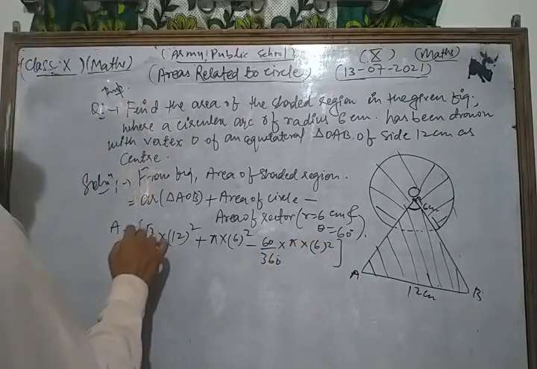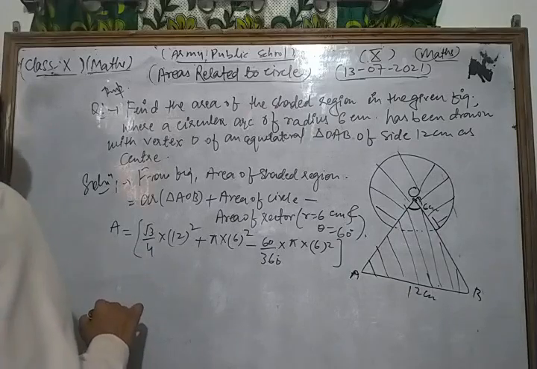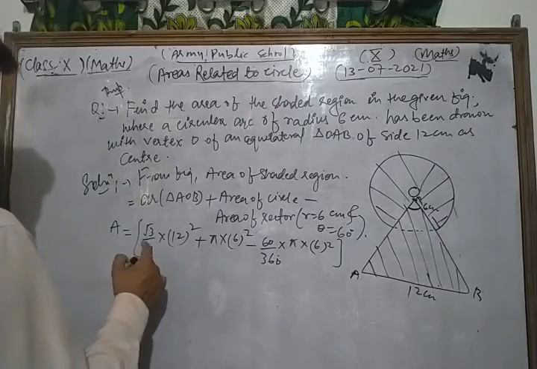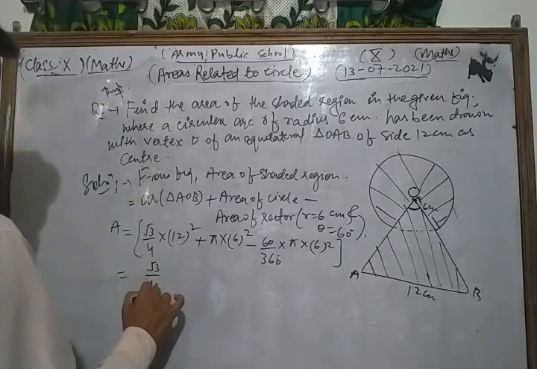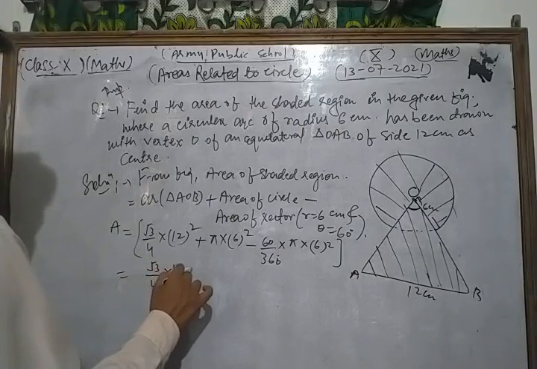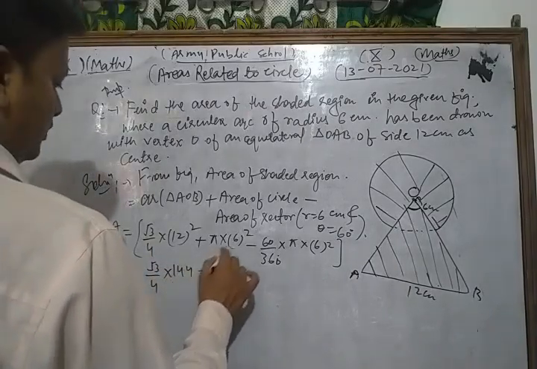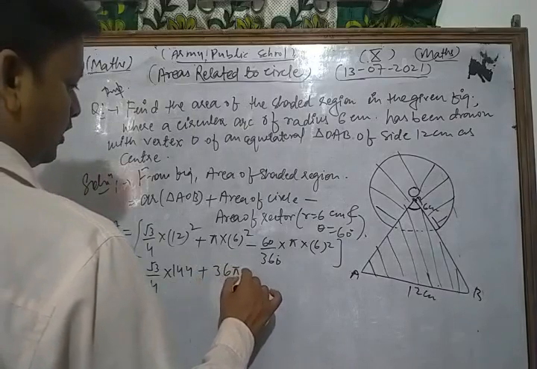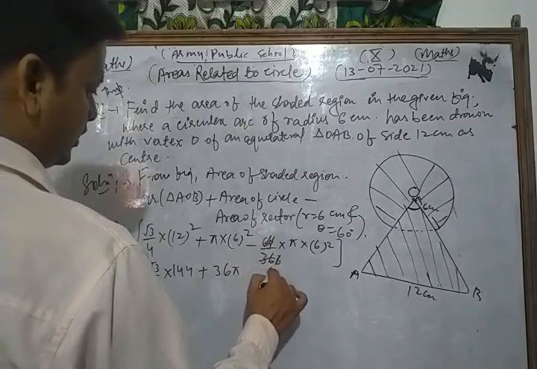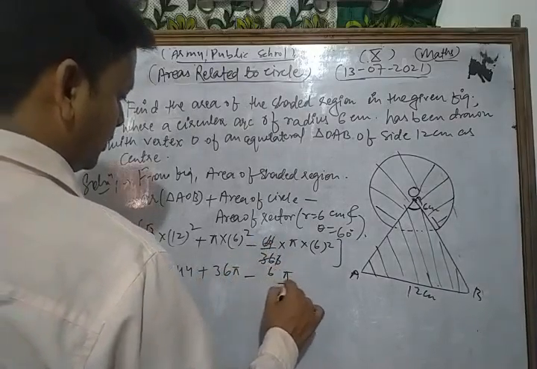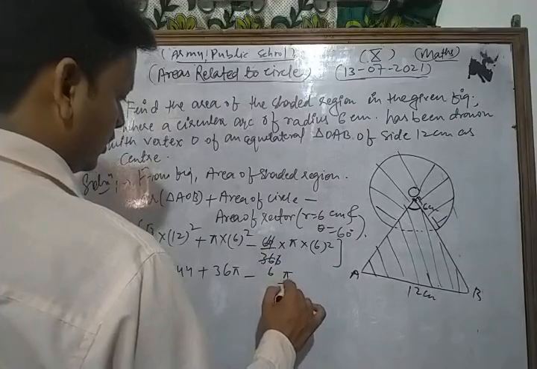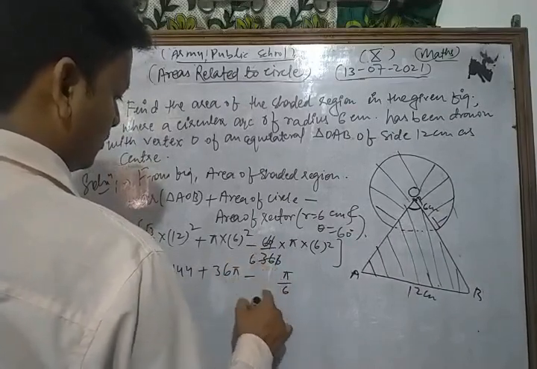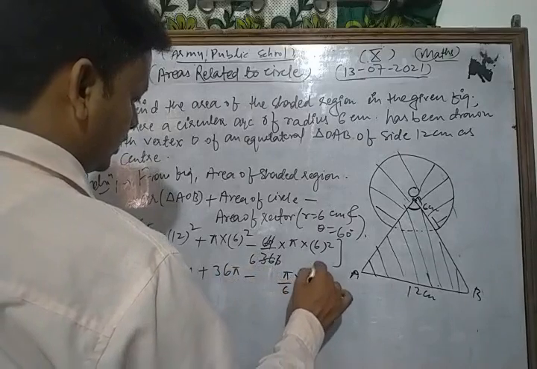Now we simplify them, so we get root 3 by 4 into 144 plus 36 pi, minus pi upon 6 into 6 6 is 36.